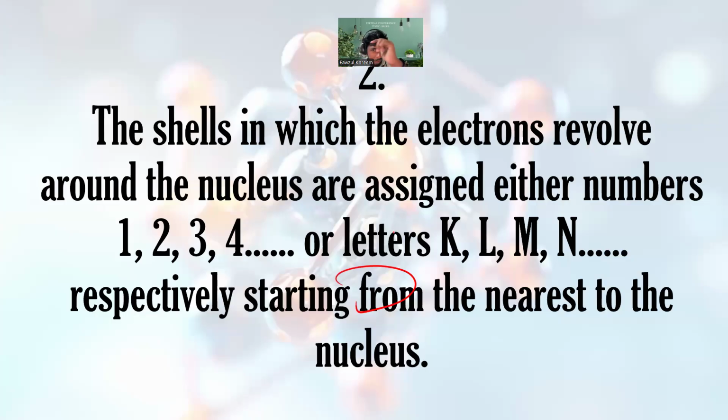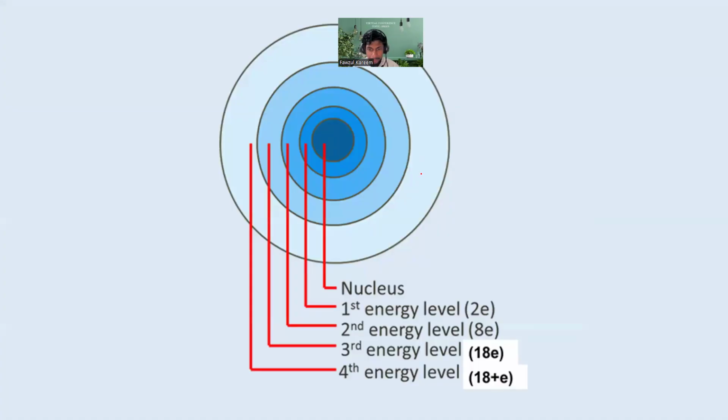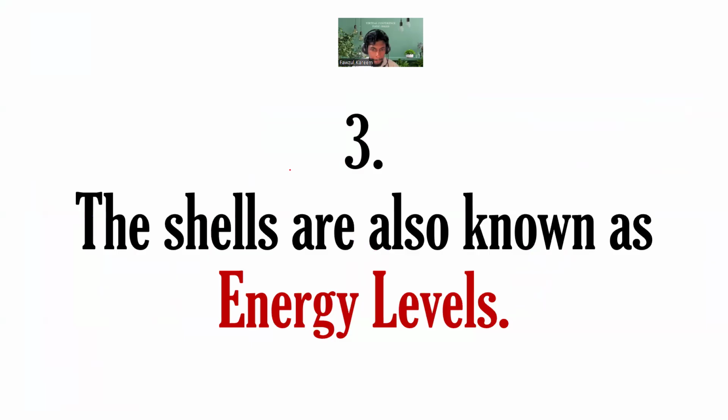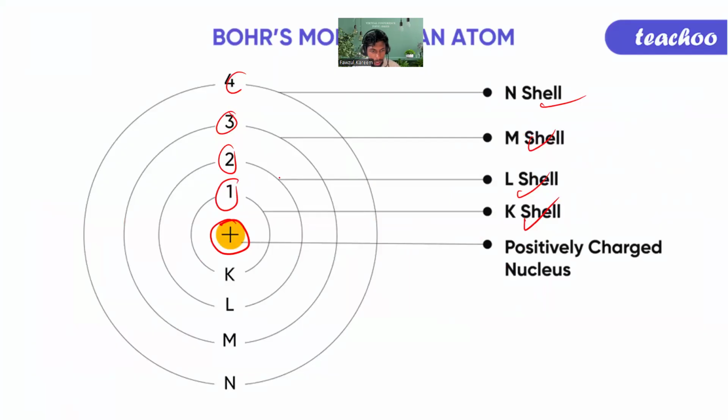We want to be very careful. We can't say it like this. We want to name from the nucleus, from the nearest to the nucleus: 1, 2, 3, 4 or K, L, M, N. Can we say 1, 2, 3, 4 the other way round?